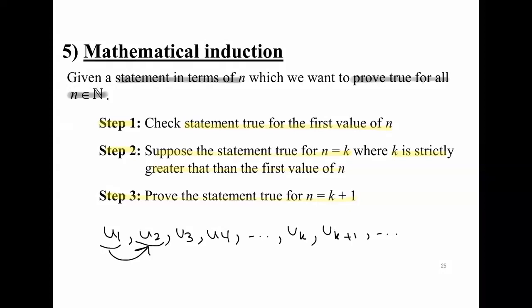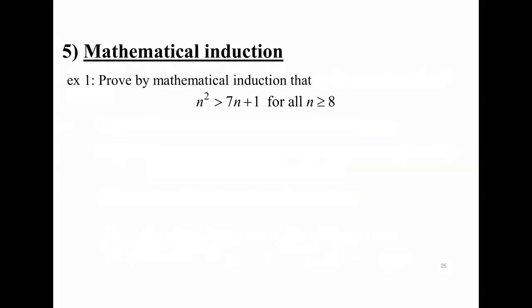If it's true for u2, where k is equal to 2, then it's true for k plus 1, which is 3, so the statement is true for u3, etc. If it's true for u3, where k is equal to 3, then the statement is true for k plus 1, which is 4, so it's true for u4, etc. Then for any k, the statement being true for k implies it's true for k plus 1, therefore we have it true for all values of n.